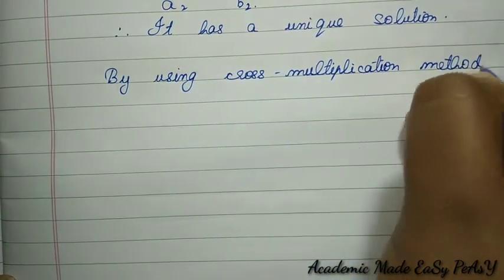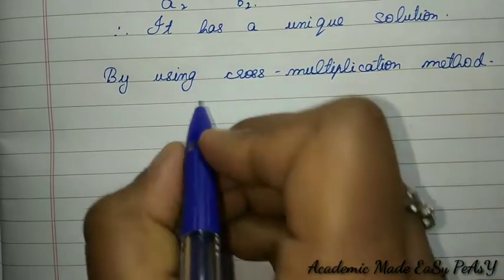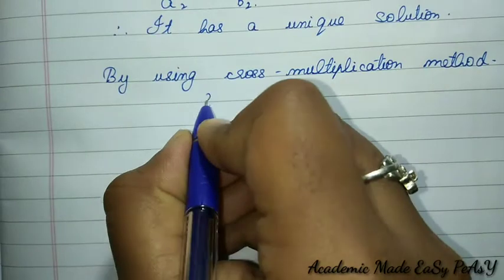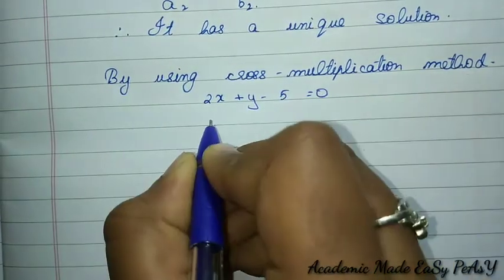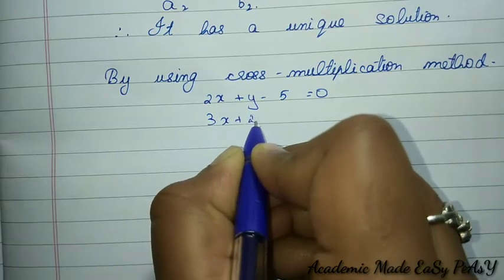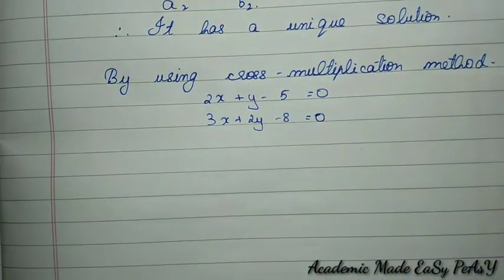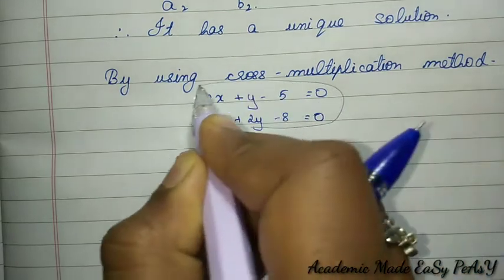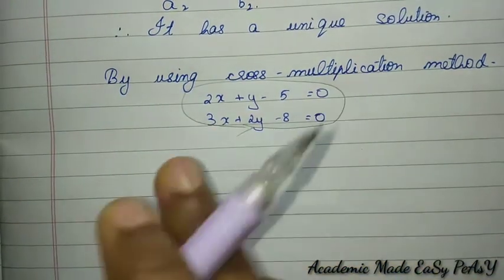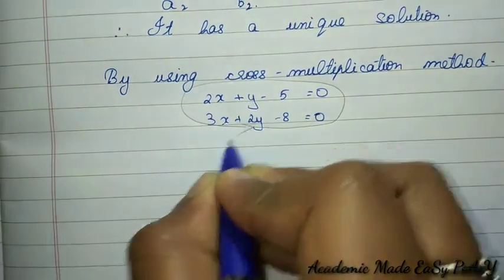So I said, you have to remember the diagram. Let us write the equation first. So 2x plus y minus 5 is equal to 0. 3x plus 2y minus 8 is equal to 0. Now, as I said in the introduction part, we have to go for a circle right from B and end in B itself. So now let us write that. Coefficients only we have to write now.